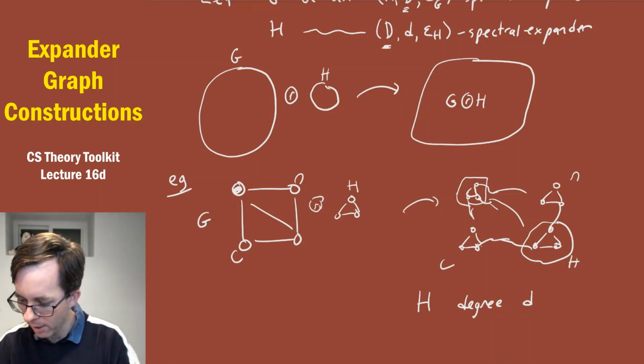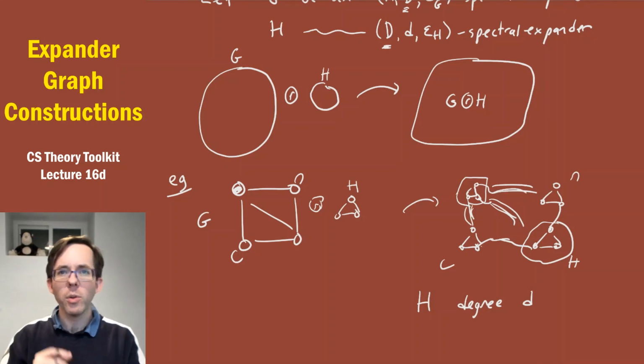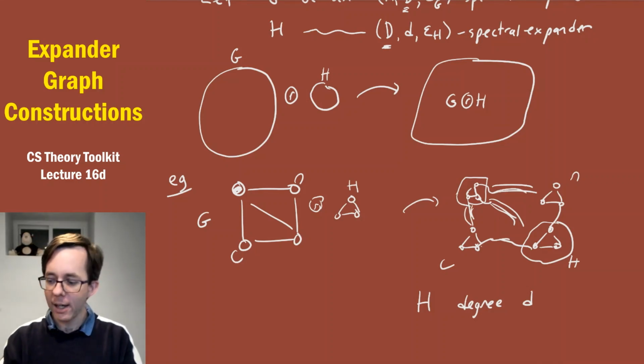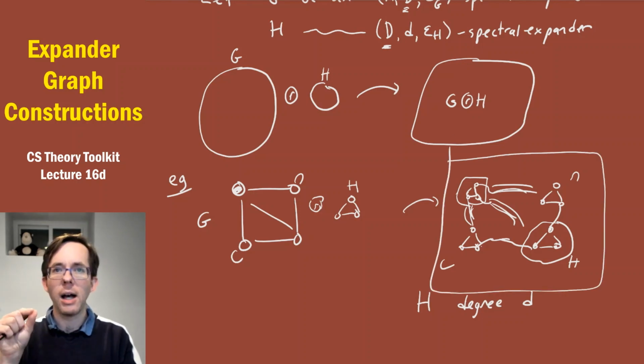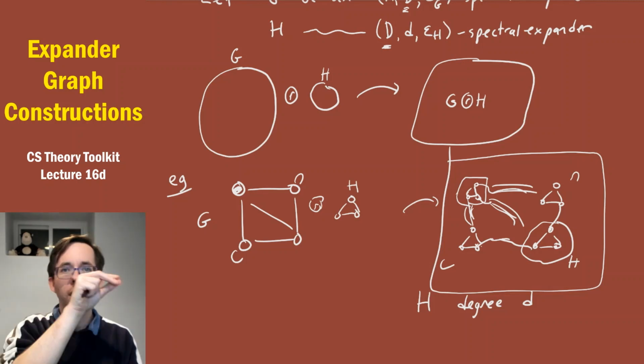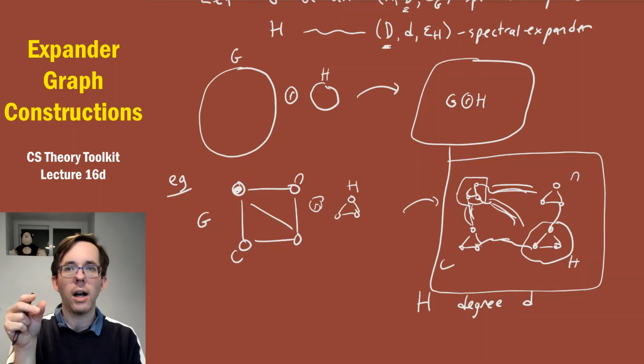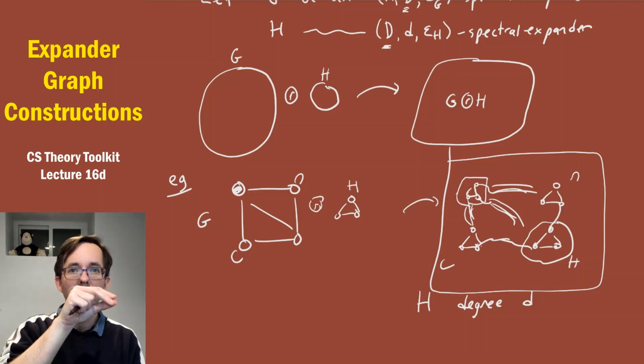So you actually just make 3 copies of each of these edges. And the reason to do that is so that when you finally take a random walk in this big graph, every vertex has little d internal edges and little d external crossing edges. That's set up so that when you take a random walk, at every step you have a half chance of doing an internal step and a half chance of doing an external step.